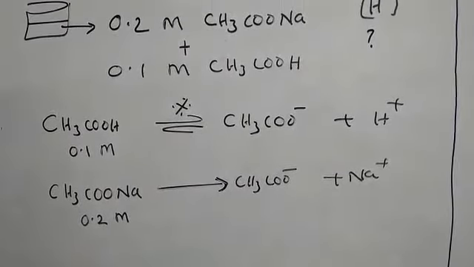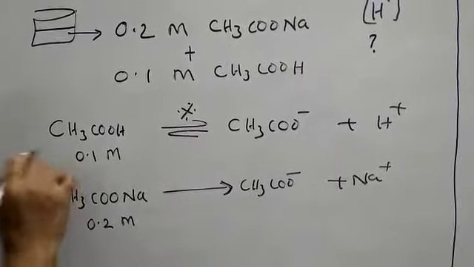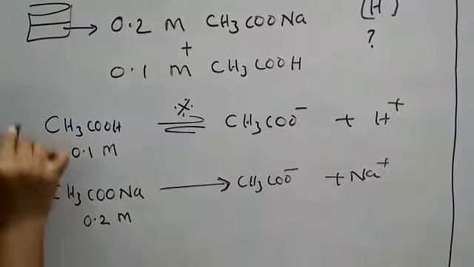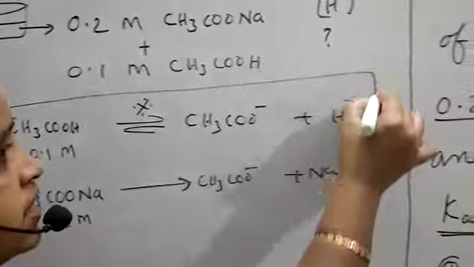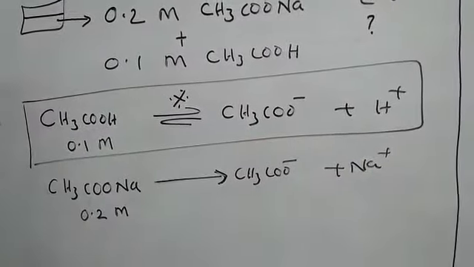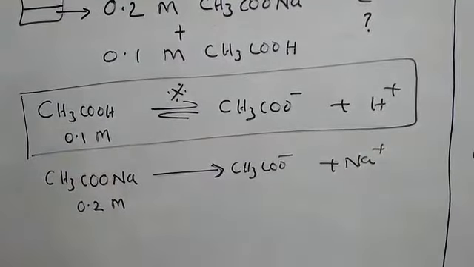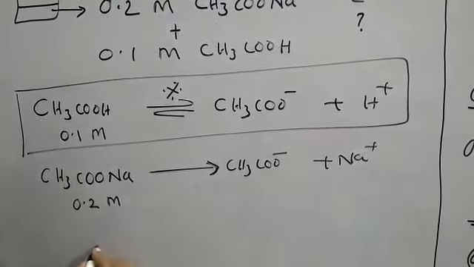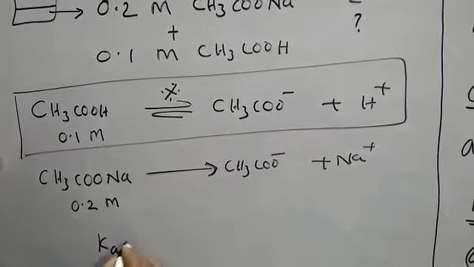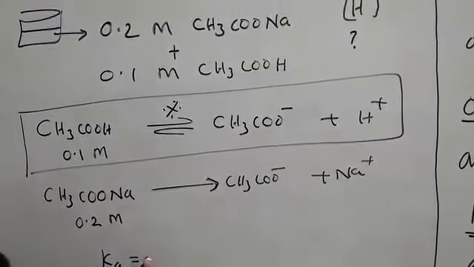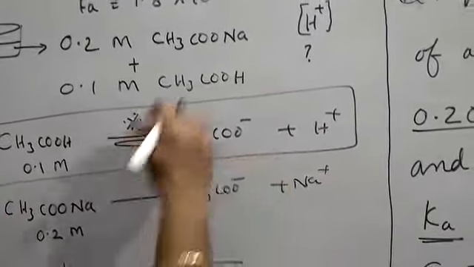Both are existing in the container, and this is only an equilibrium. So for this you write the equilibrium constant. Ka is equal to, according to the law of mass action, products over reactants.